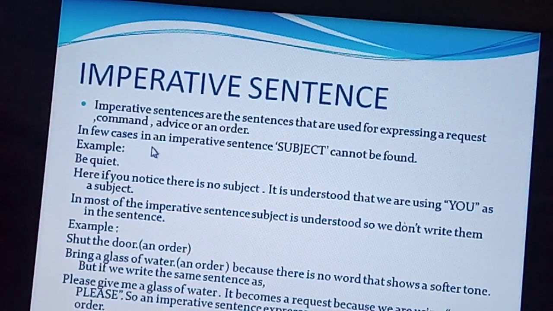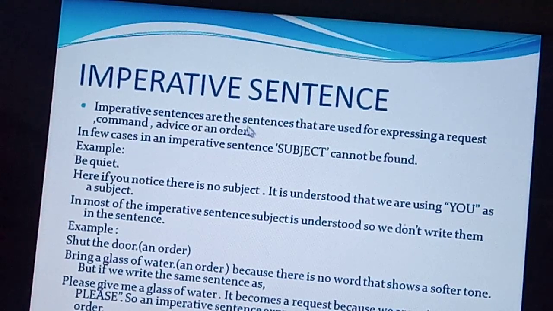Now next, imperative sentence. Now imperative sentences are the sentences that are used for expressing a request, command, at times advice, or an order. In a few cases, in an imperative sentence, the subject cannot be found. We do not find the subject in a few cases. For example, let's take an example. Be quiet.